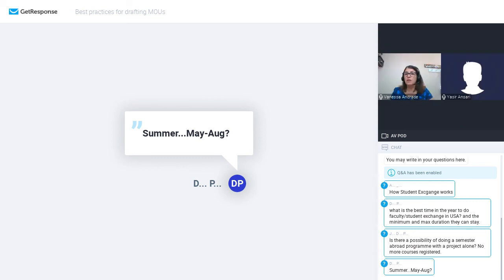They have to be attached to a certain visa, either J1 or F1 or some kind of visa. But it is possible, as Yasser said, that there are programs and providers out there that do this type of activity, and then the students could come through those providers who then partner with a university. I don't know if that's making sense.